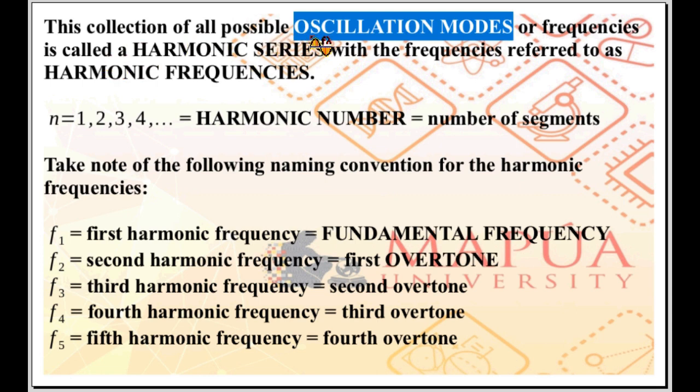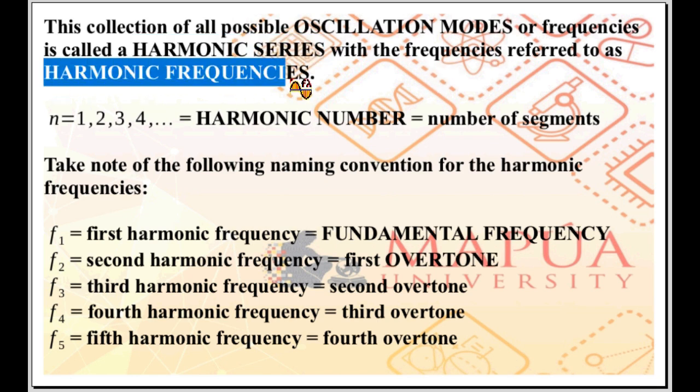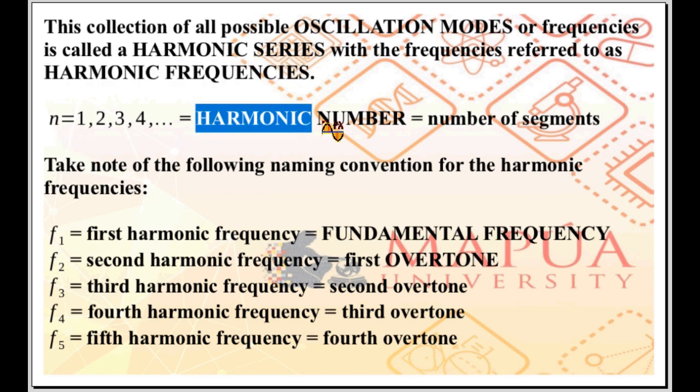This collection of all possible oscillation modes or frequencies is called a harmonic series, with the frequencies referred to as harmonic frequencies. And the number of segments, n is equal to 1, 2, 3, 4, 5, and so on, whole numbers or integers greater than 0, is now referred to as harmonic number.